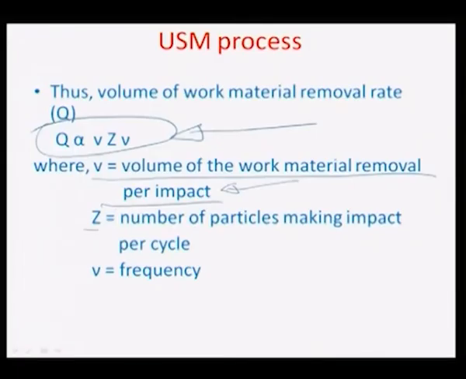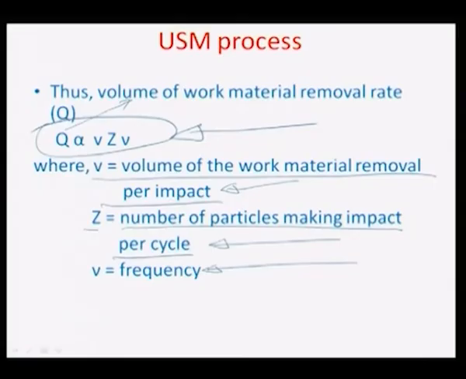Z here is the number of particles making impact per cycle, meaning at one impact how many particles are coming between the tool head and the workpiece surface. Nu of course is the operational frequency, the frequency of the vibrating tool head, and Q is the MRR, or the volume rate of the work material being removed. So this is how the Shaw's model predicts the material removal rate.